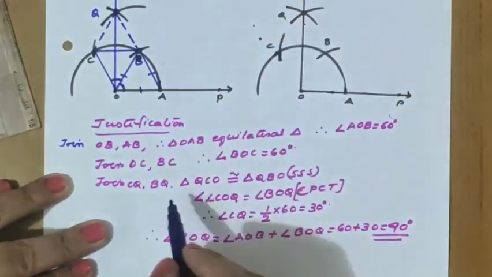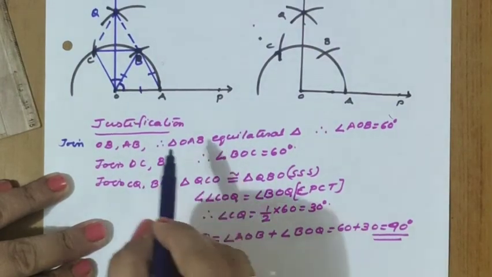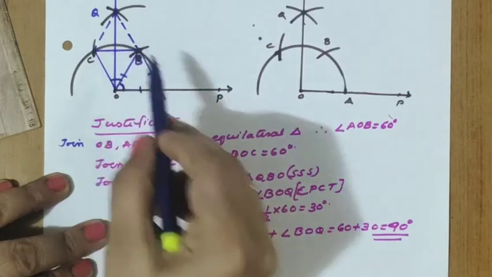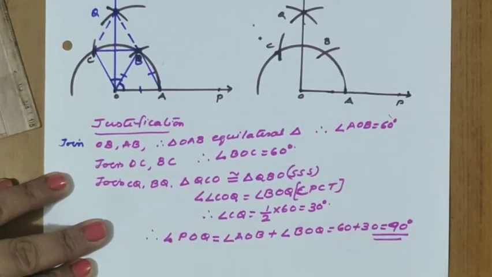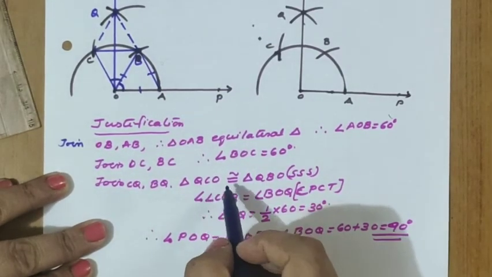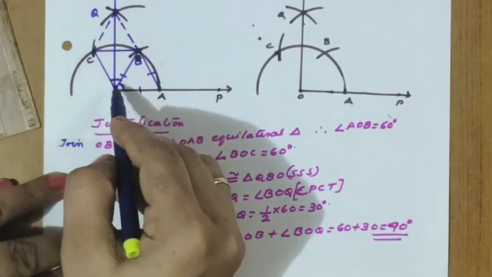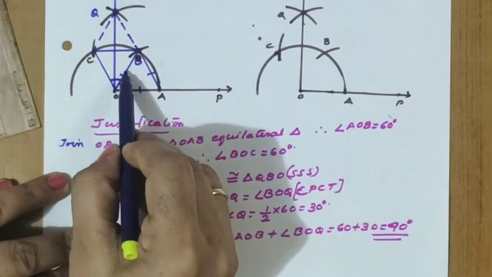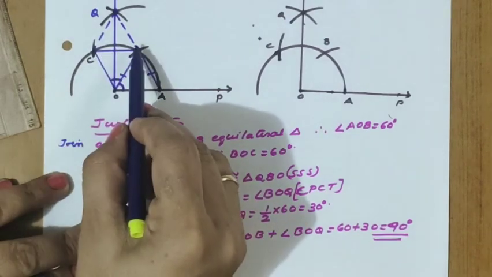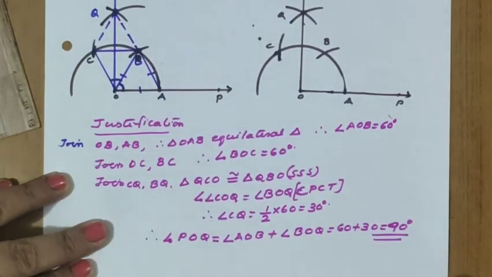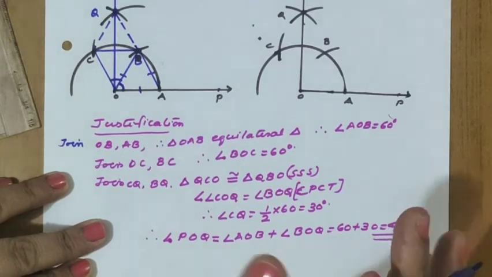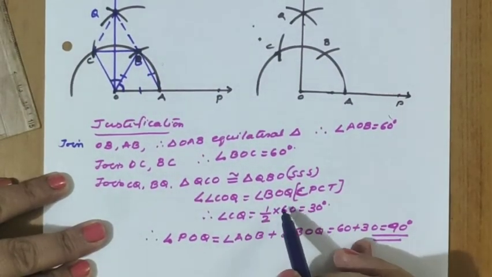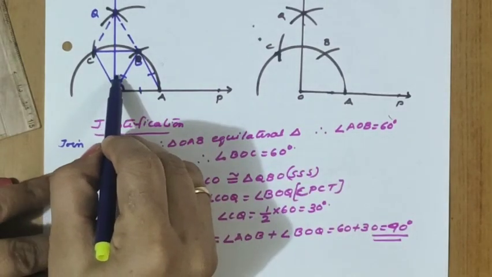Okay, so by joining CQ and BQ, we are getting triangle OCQ congruent to OBQ. Right? Here I have written the order QCO only. QCO congruent to QBO. What is the concept? OC equal to OB, CQ equal to BQ and OQ equal to OQ common. The same concept we have learned in the angle bisector property. After that what we can say is that the angle is bisected.